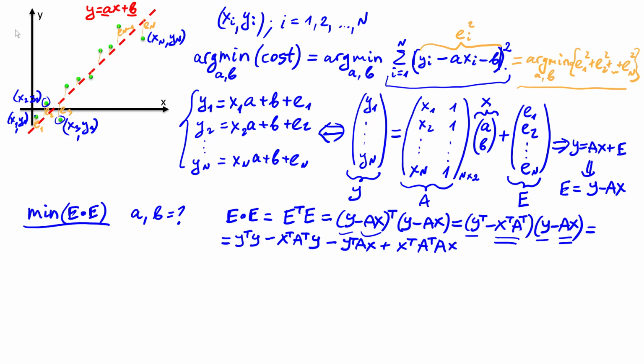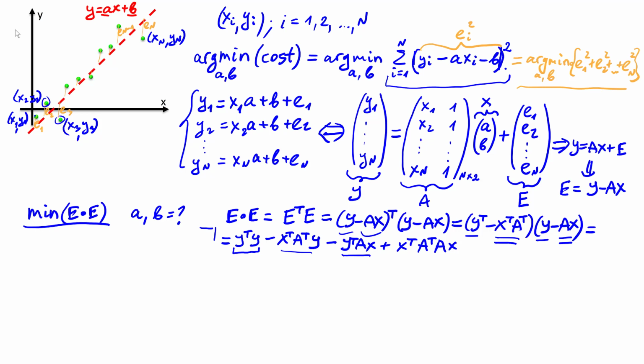Okay? Now we need to pay attention to something very important. First of all, all of those terms are just scalars. Because, for example, y transpose is a vector, and y is a vector. Their multiplication will just be a single number, which is a scalar. The same thing for all of them.